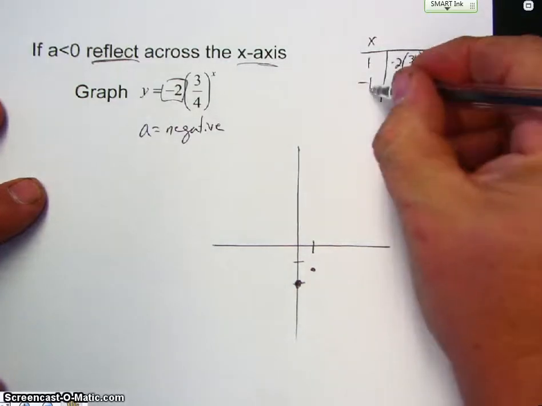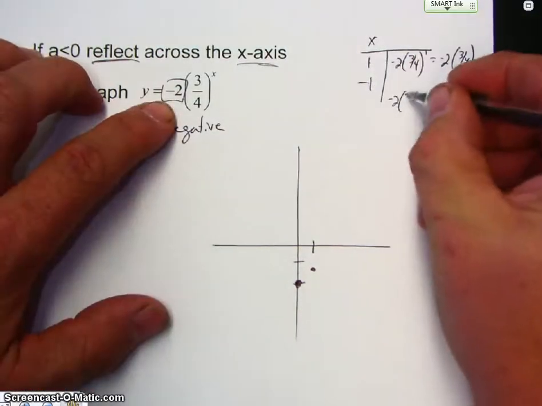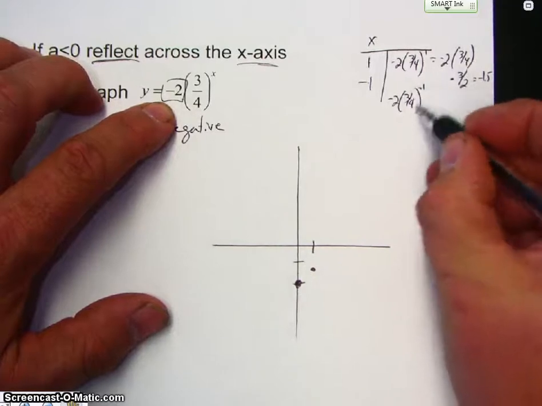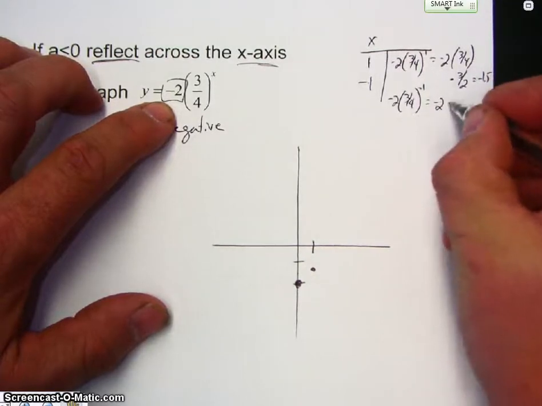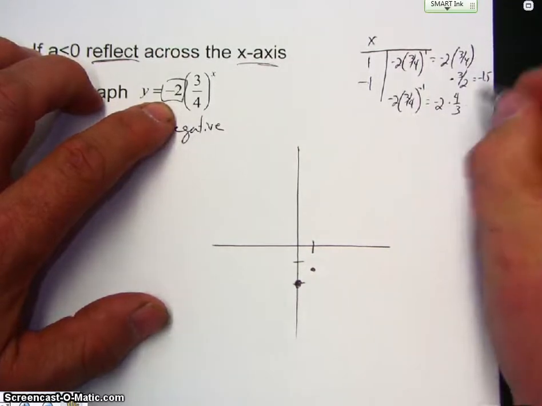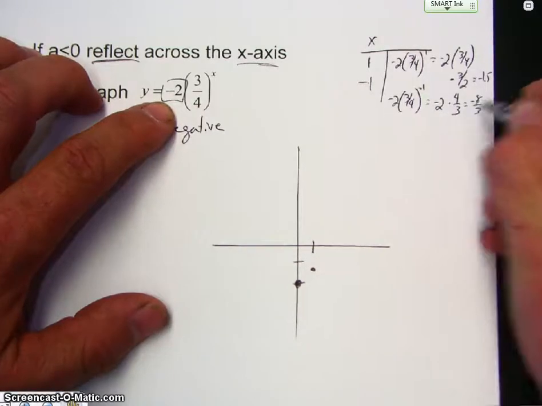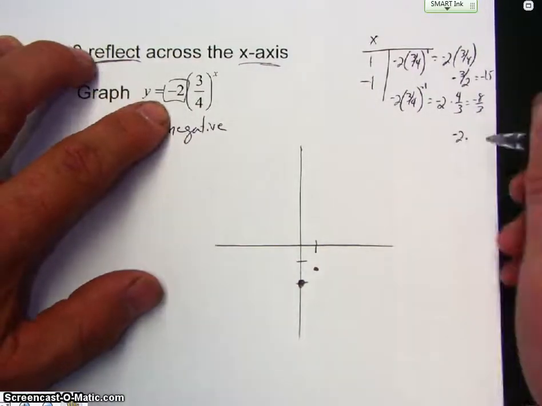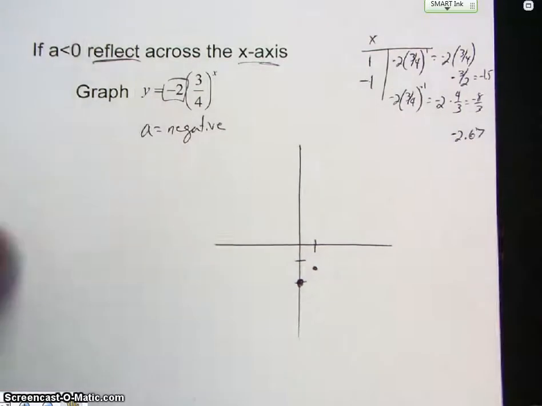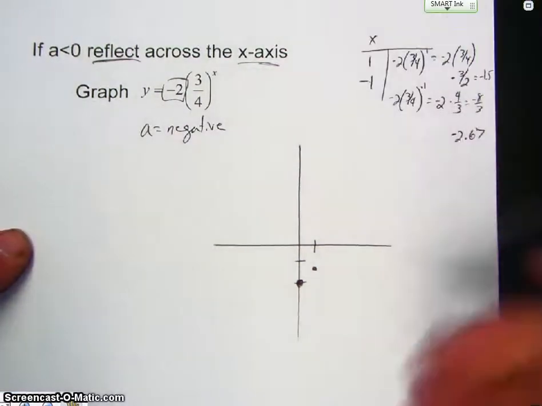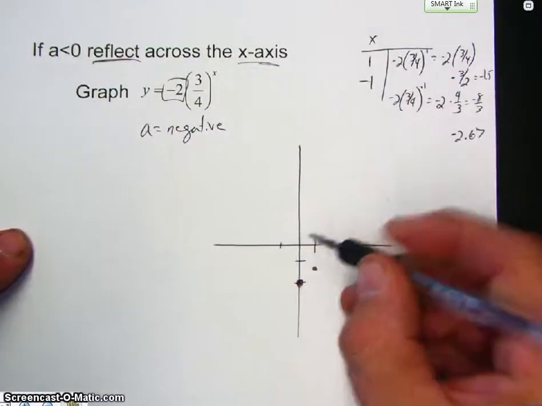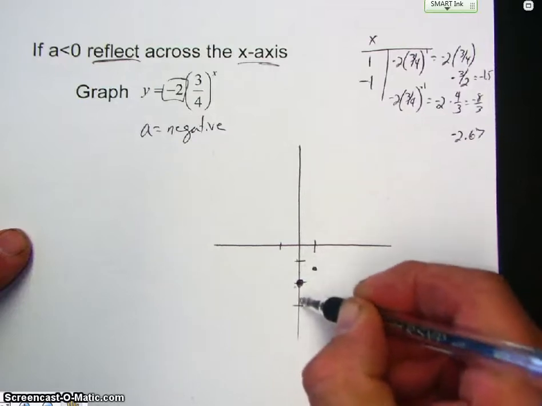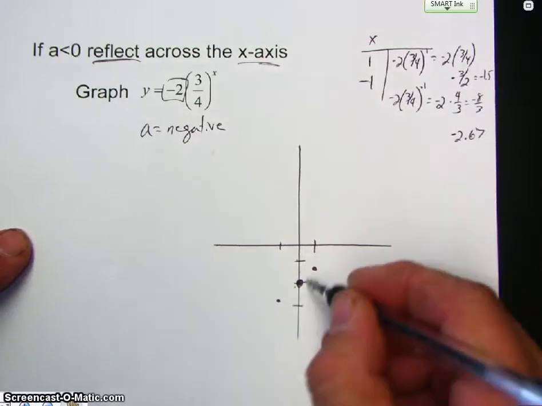Now we put -1 in for x. So I got -2 times (3/4) to the -1. Well, -1 takes this right here and flips it. -2 times 4/3 gives me -8/3, so that's approximately -2.67. So at -1, I got 1, 2, so it's past that, somewhere in here.